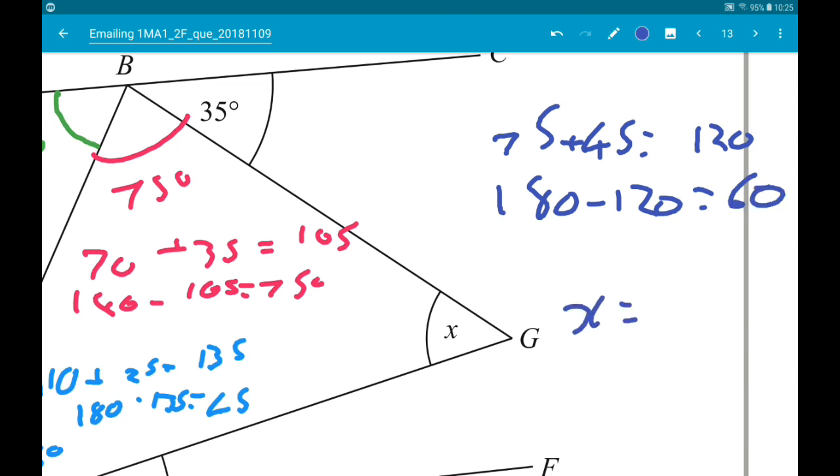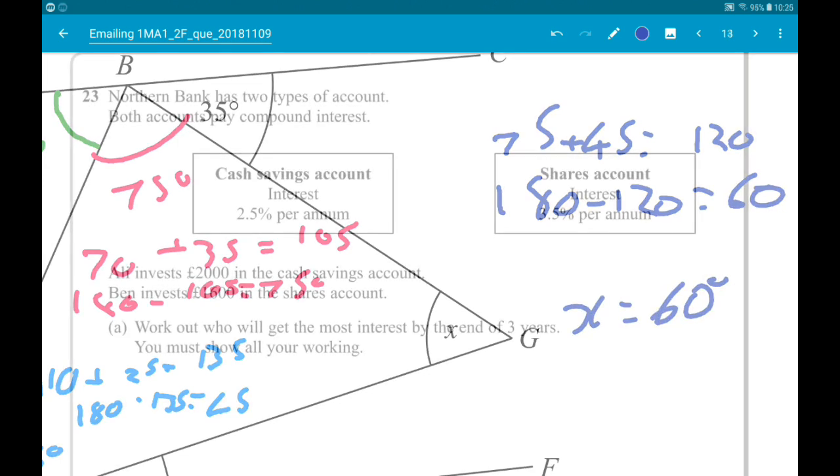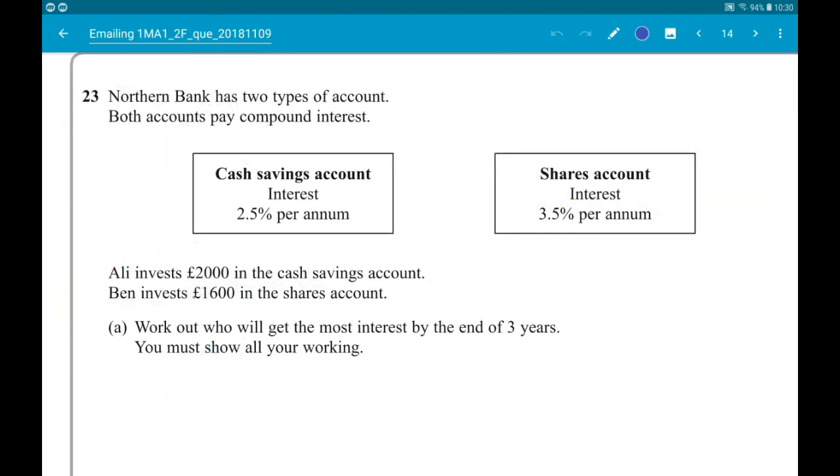X is 60 degrees. Okay, number 23, we have compound interest, so my percentage increase and decrease playlist is down below.